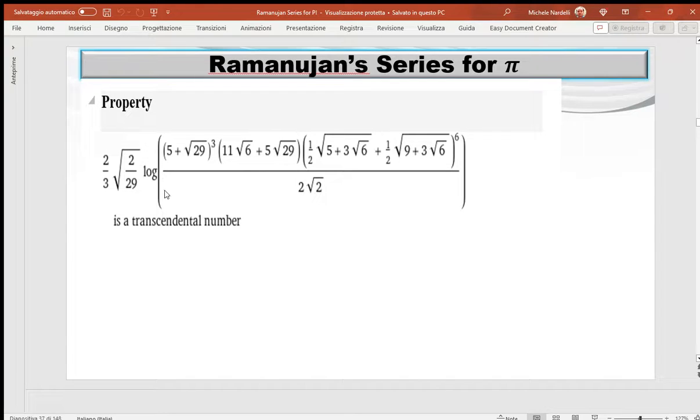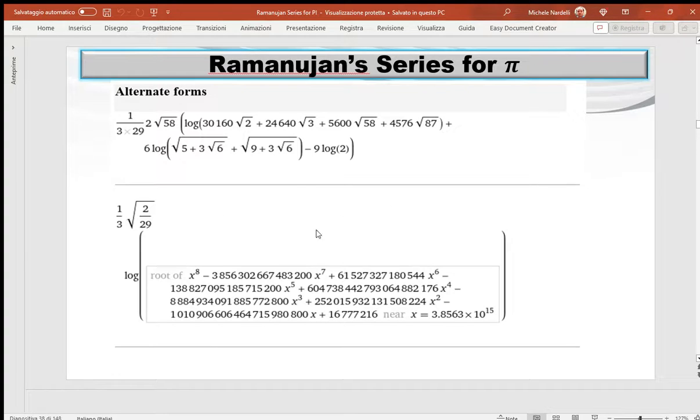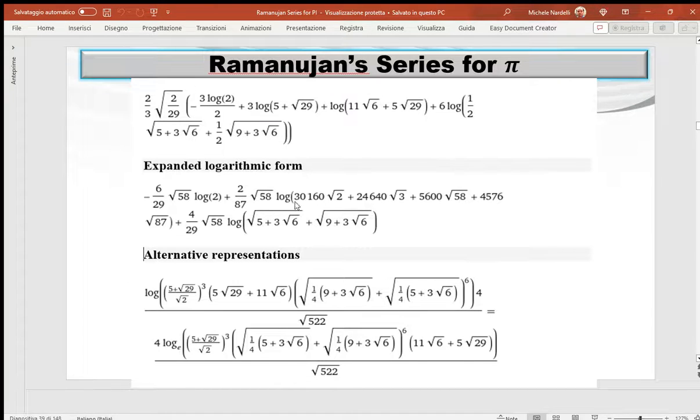The result is a transcendental number. We obtain from the previous expression the following alternate forms, the expanded logarithmic form, the alternative representation.